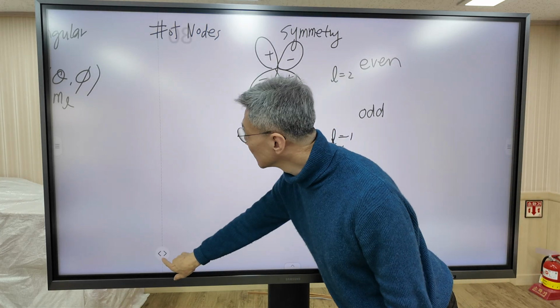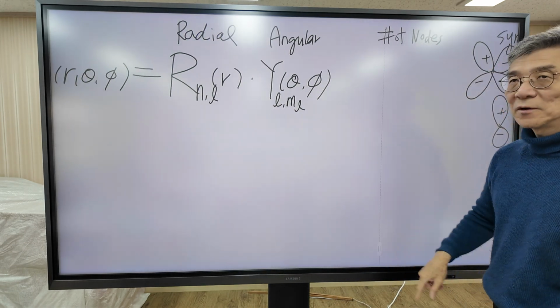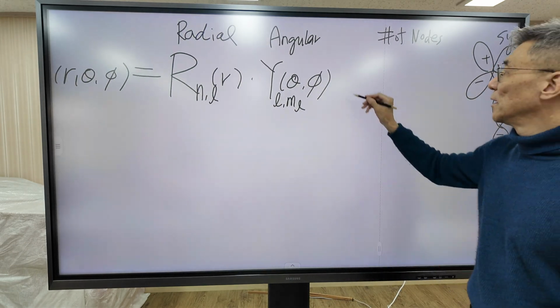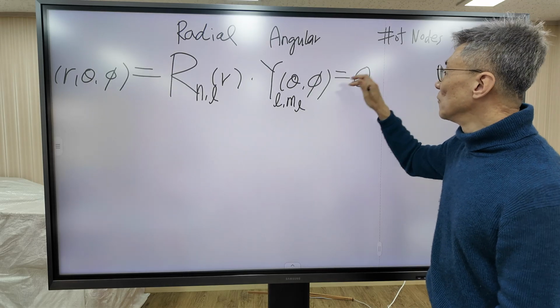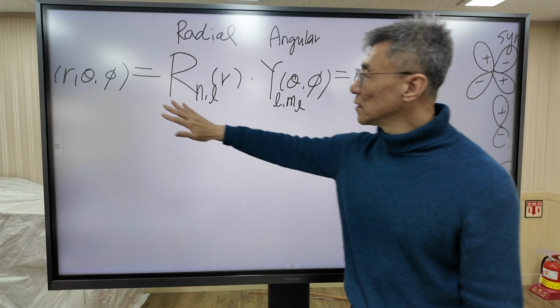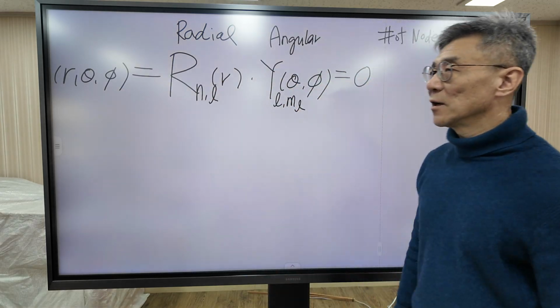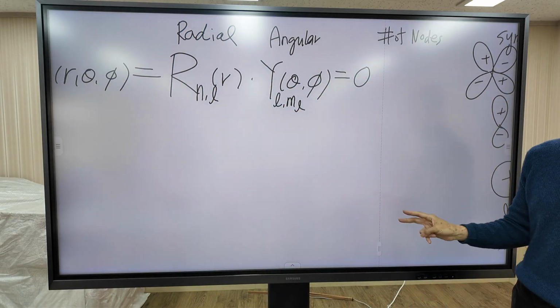Now let's move on to the number of nodes. Nodes are defined as the points where the wave function becomes 0. But our wave function can be expressed as a product of two functions.